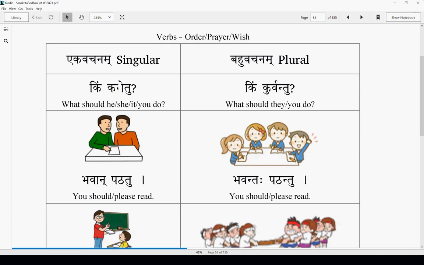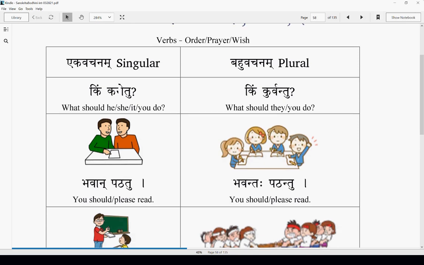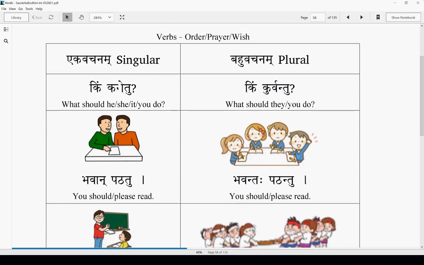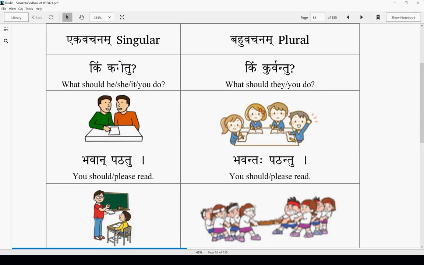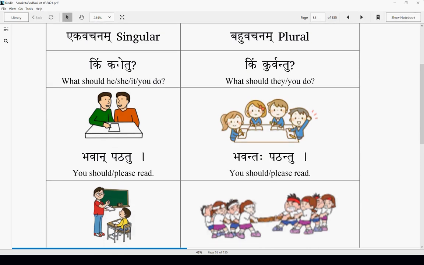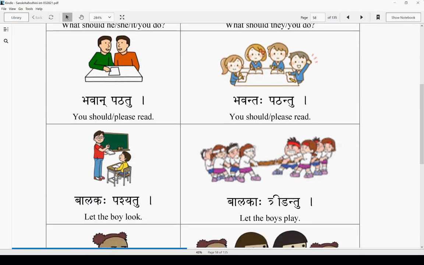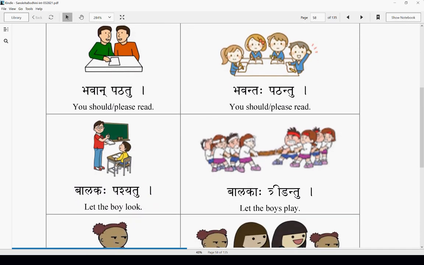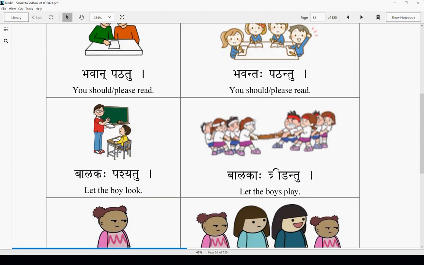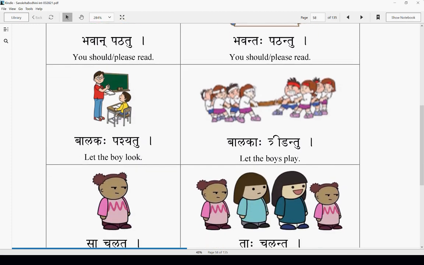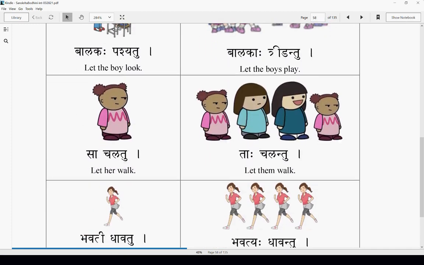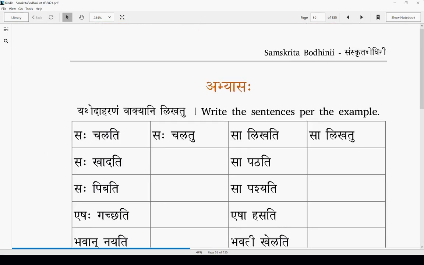You may be just ordering, but saying krupaya likhatu. If somebody is not actually following the order, you might be sarcastically saying krupaya likhatu. But generally when we use krupaya, meaning please, it becomes specifically a request. Okay, thanks.